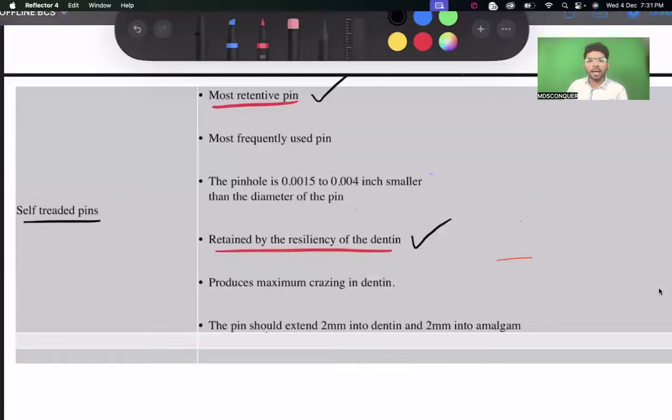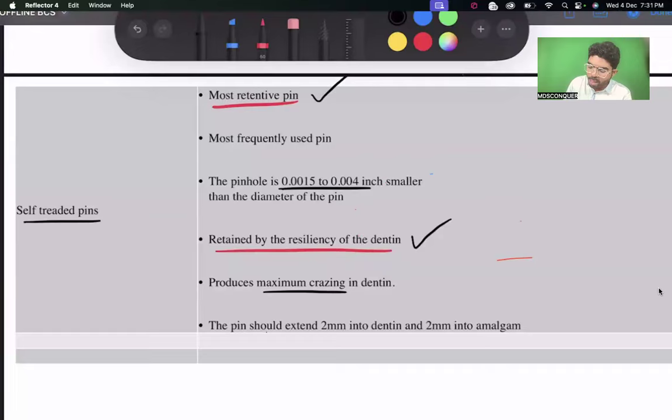Next, I want you to make a note about the diameters. The pinhole is 0.0015 to 0.004 inches smaller than the diameter of the pin. Thereby, it gains the resiliency retention property from the dentin. As it is screwing into the dentin to get the retention, these cause maximum crazing in the dentin, meaning micro cracks in the dentin can be visible.